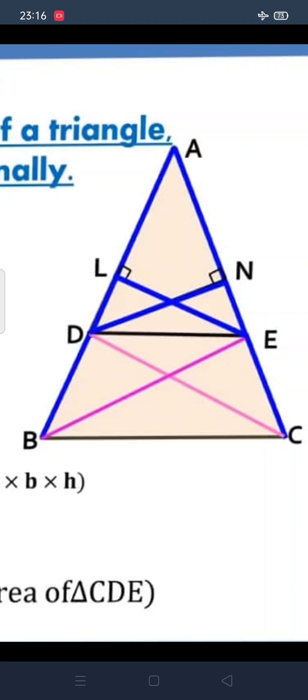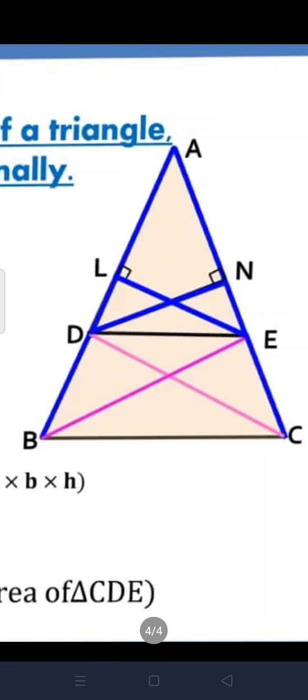Now what is the theorem telling us? The theorem states that if a line is drawn through the two sides of the triangle in such a way that it is parallel to the base, then AD by DB is equal to AE by EC. That means it is dividing these two sides in the equal ratio.